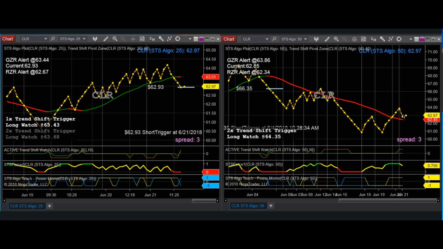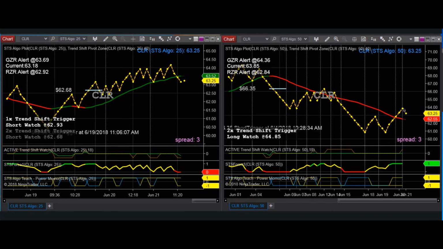When this was way up here, when this finalized this leg, it predicted long at 64.85. This is our proprietary projection charting.